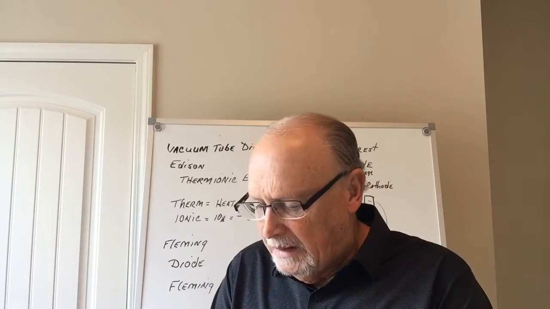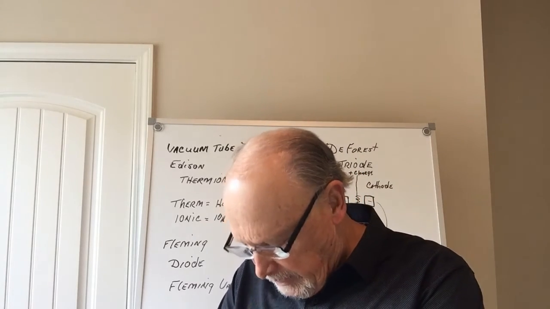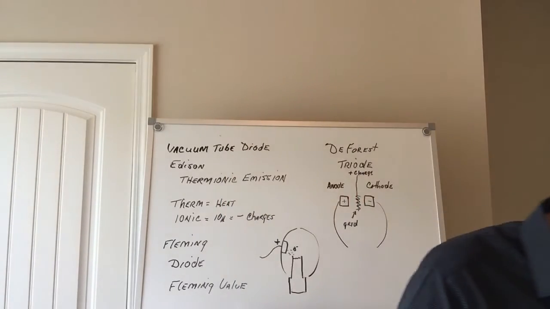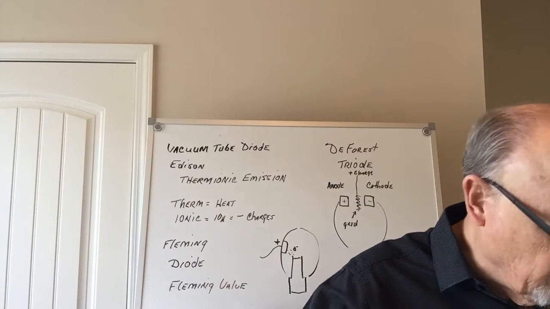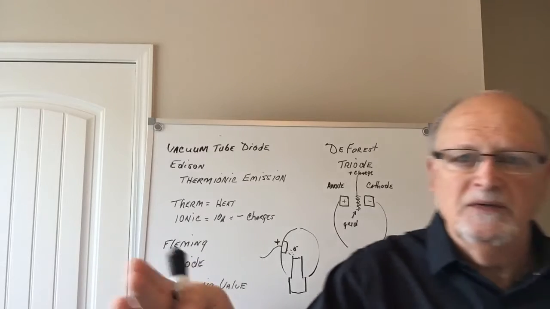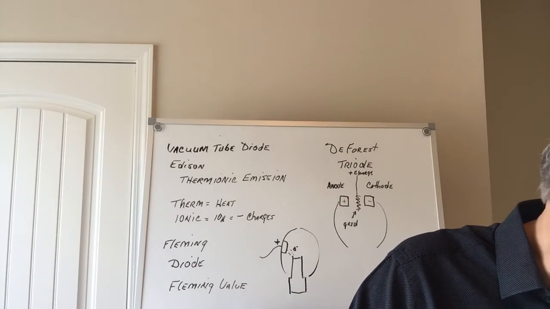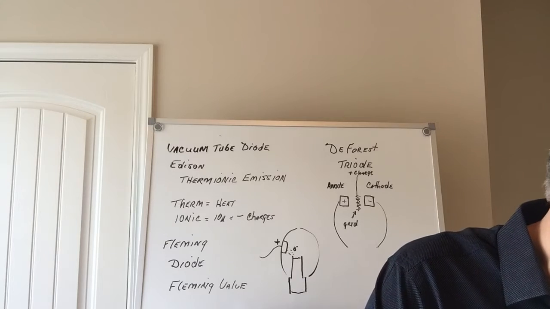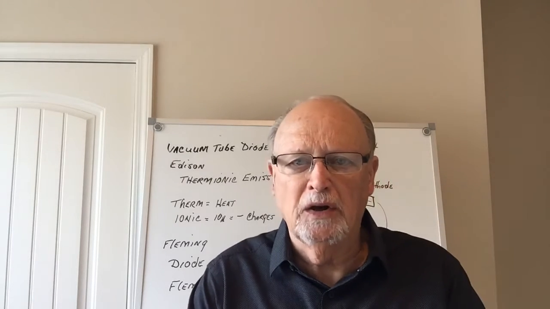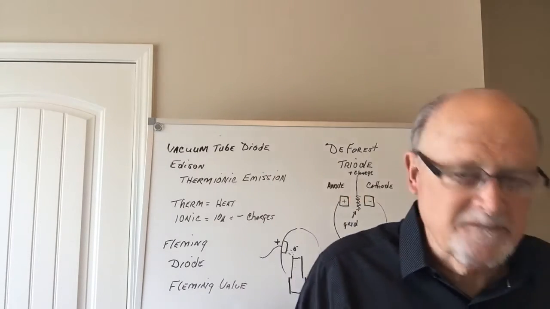Now, if you look at that picture of a Fleming's valve, and you turn over and look at the picture on page 376 and compare them together, one thing you'll notice, and this is the great difference, is that the electrodes are a lot closer together in the Fleming valve.